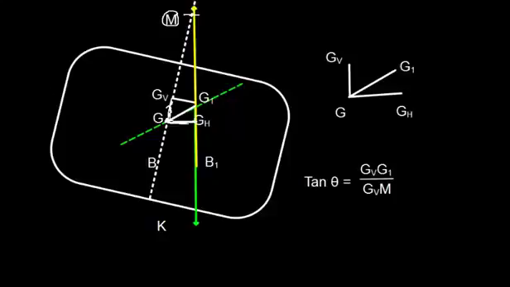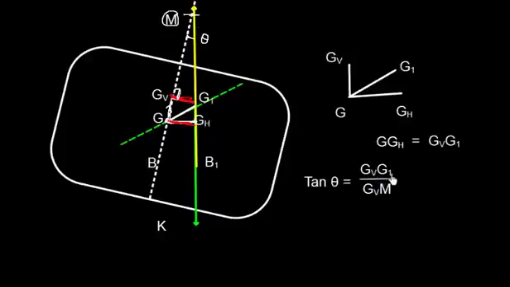Well, if we see carefully, this GGH is going to be equal to GVG1. Let me just put it this way. So from basic trigonometry, this is theta and this is going to be a right angle triangle. This angle is 90 degrees.